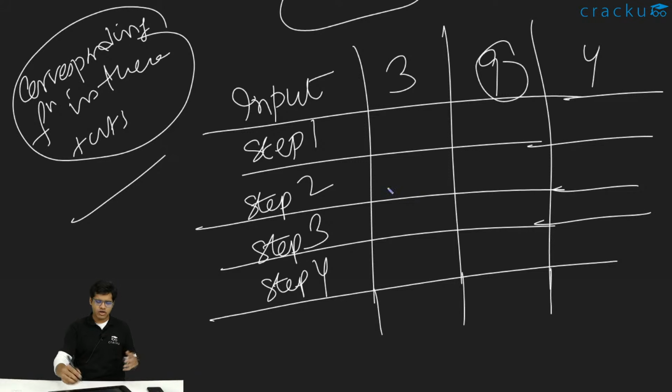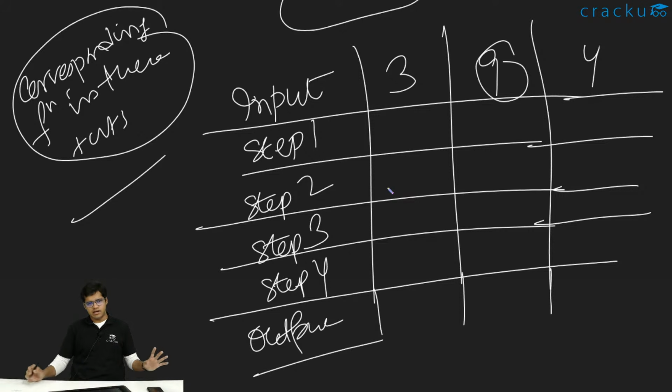Finally, you will be given an output. This is the main idea. There is no fixed theory for this. The only way to deal with these questions is to practice a lot of questions and understand various kinds of logic. But the way I solve it is I always try to find a fixed pattern.